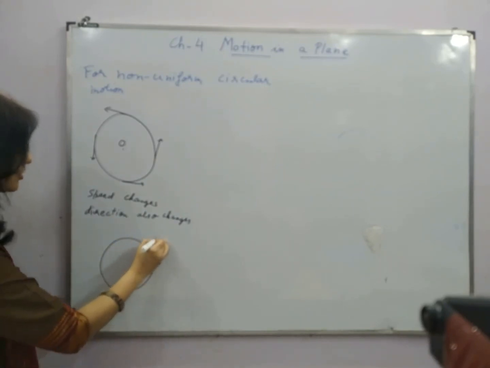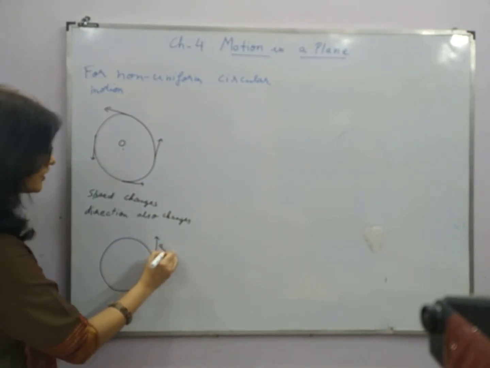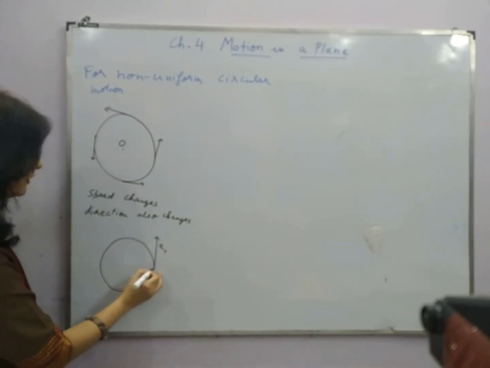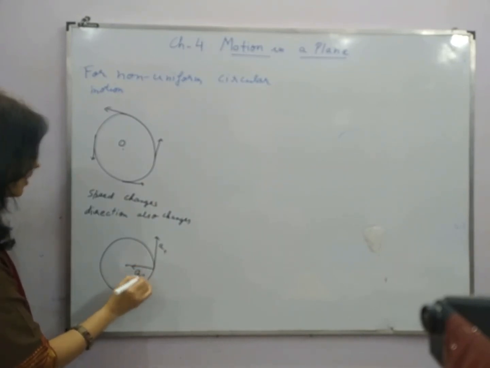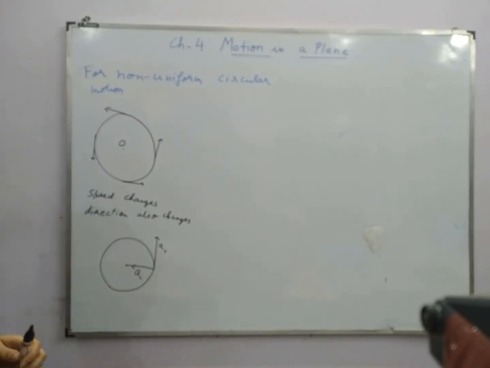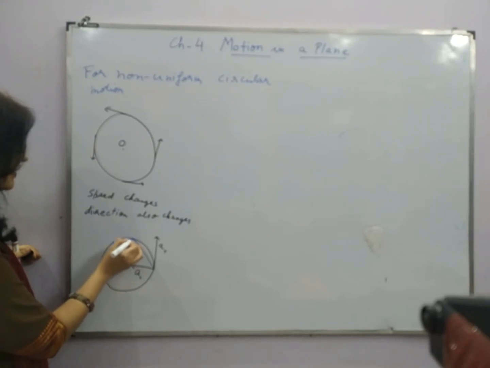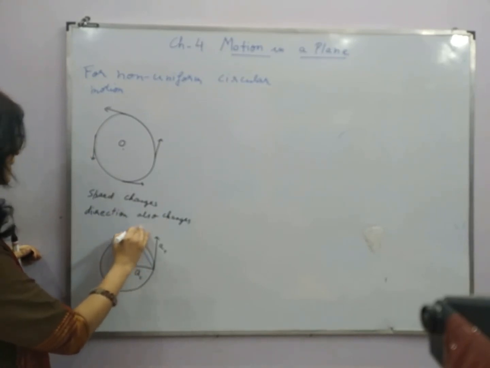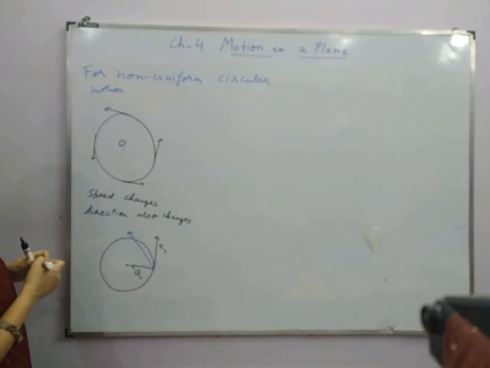So if we look at this figure beta, there will be a tangential acceleration due to the change in speed. This is called tangential acceleration. There will be a centripetal acceleration which will be center seeking. So by applying the concept of vector addition, the resultant acceleration will be along the diagonal of these two, right?